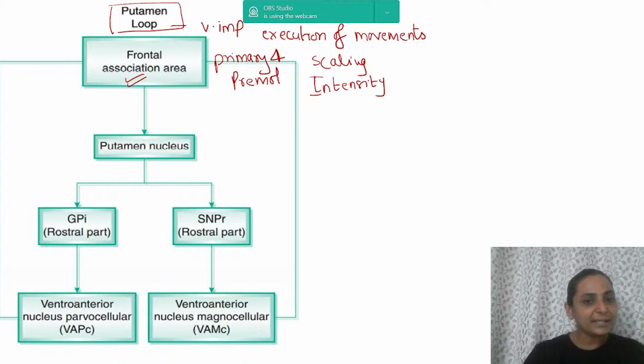Now you can see that they are also going to the same nuclei, the globus pallidus internal segment and the substantia nigra pars reticularis, but to the rostral part. Whereas in the caudate circuit, they were going mainly to the caudal part.